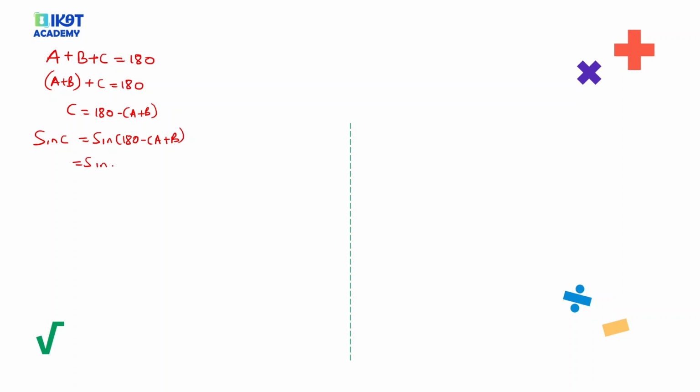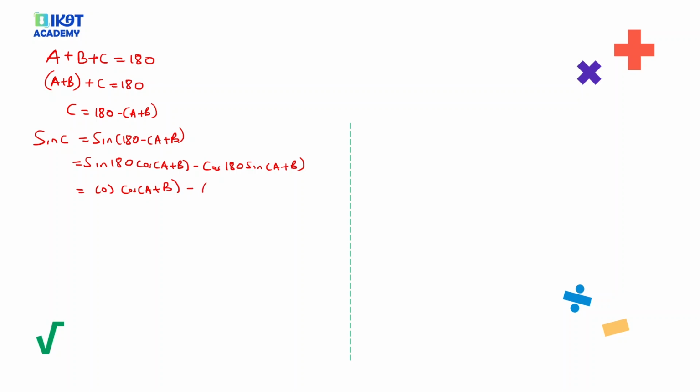So here we have sine 180 cos (A plus B) minus cos 180 sine (A plus B). So the rest of the work is just for the calculator. What is sine 180? This is 0. So this is 0 cos (A plus B) minus, what is the cos of 180?